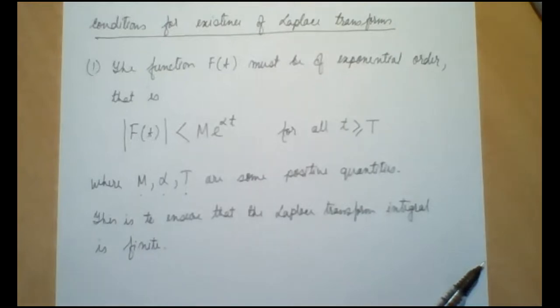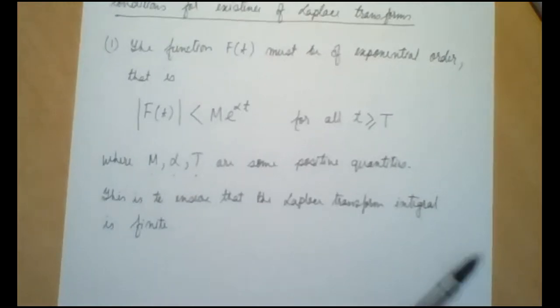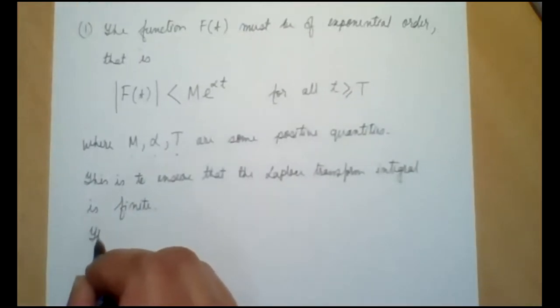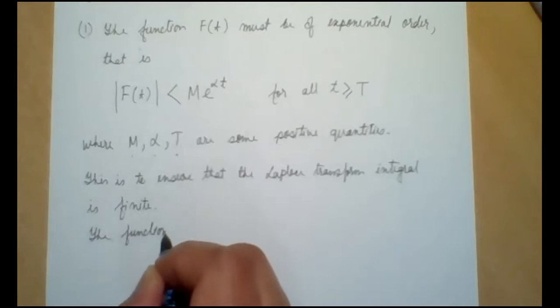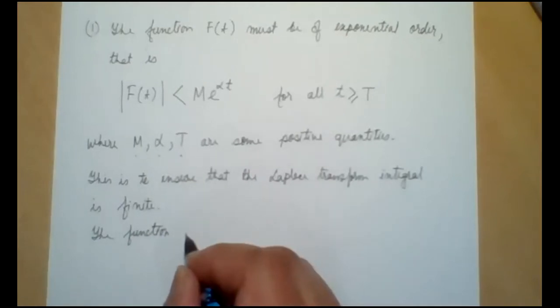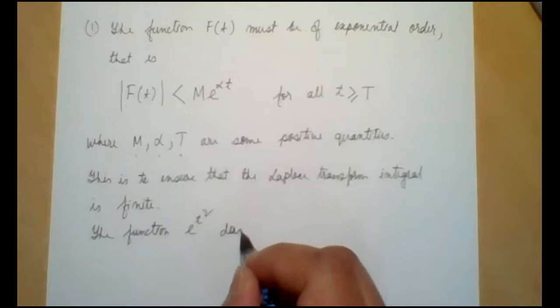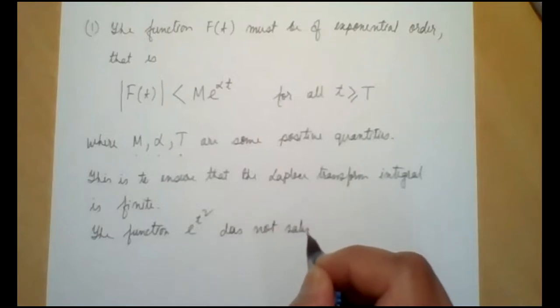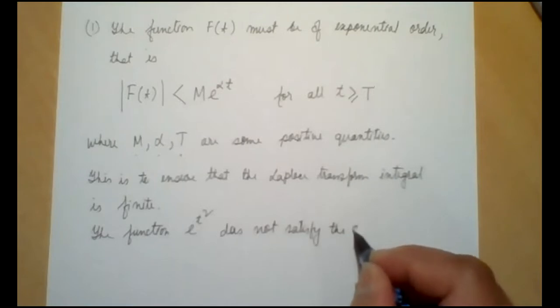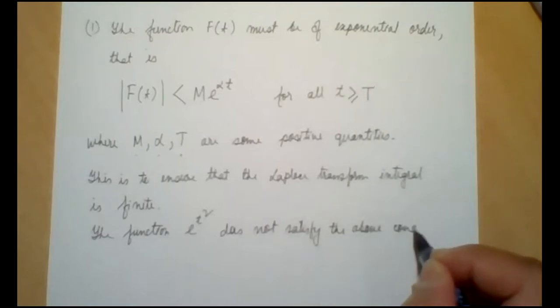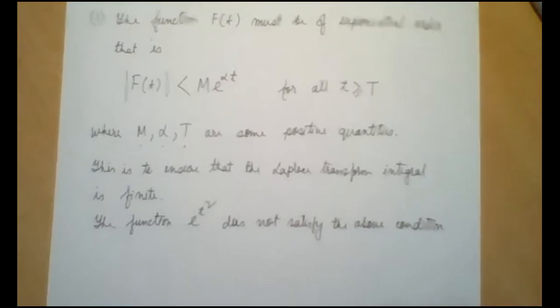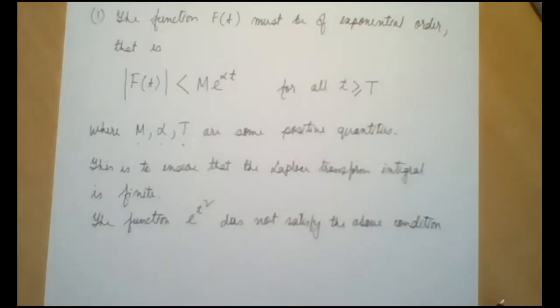This is the growth restriction condition, also called the growth of exponential order. One example is that we have already seen that the function e to the power t square does not satisfy the above condition. That means the function e to the power t square is not of exponential order.